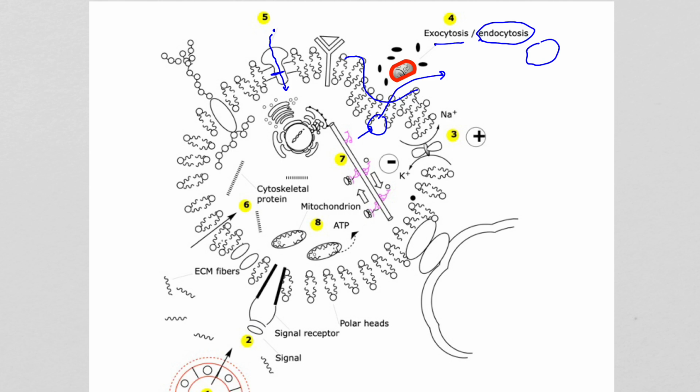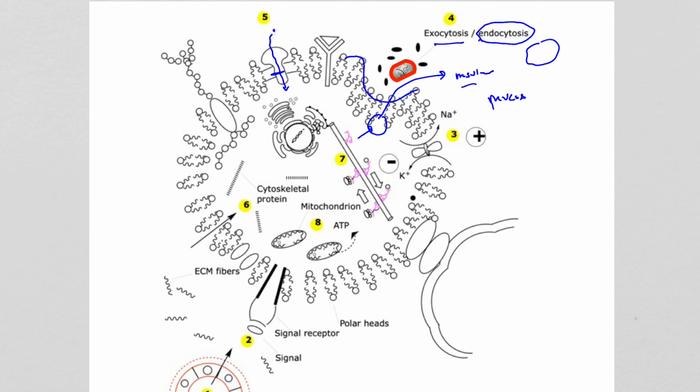Okay, so for example, if this was the beta cell of the pancreas, you would see insulin coming out through exocytosis. In the liver cell, you see a lot of proteins such as albumin and blood clotting factors being secreted out of the cell by exocytosis. If this was a mucus cell, say in the GI tract, you would see mucus secreted out of the cell by exocytosis.